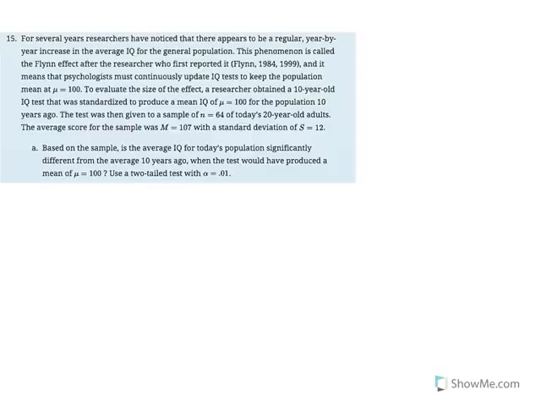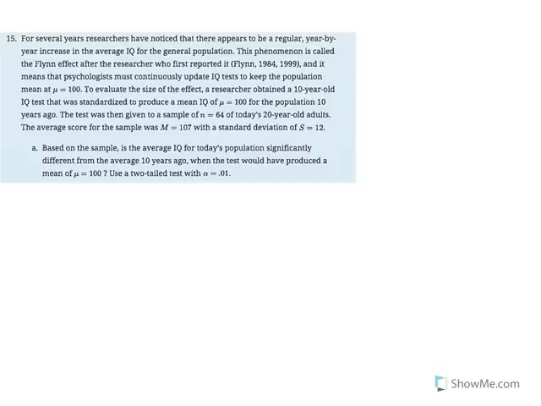Number 15, for several years, researchers have noticed that there appears to be a regular year-by-year increase in the average IQ for the general population. This phenomenon is called the Flynn effect after the researcher who reported it, and it means that psychologists must continually update IQ tests to keep the population mean at 100. To evaluate the size of the effect, a researcher obtained a 10-year-old IQ test that was standardized to produce a mean IQ of 100 with a population 10 years ago.